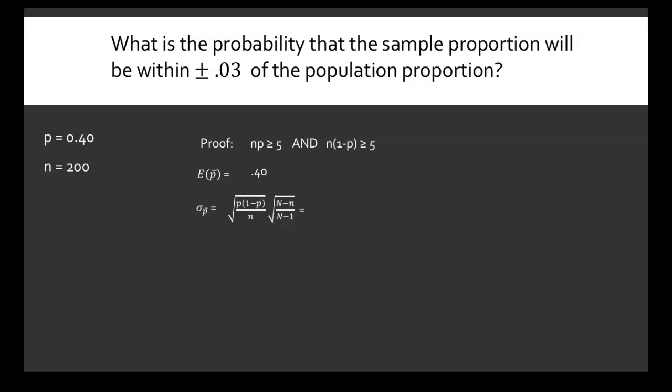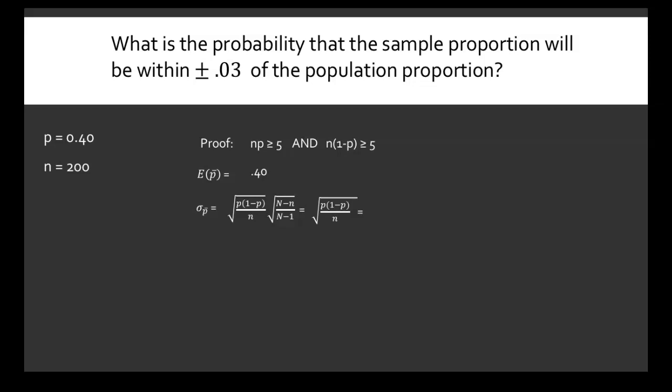If we were given a population size, a big N in this problem, we could figure out if we needed to use this. If your sample size is more than 5% of your population, you use that finite correction factor. Here we don't even know what our population is, so we can just get rid of that in our formula.